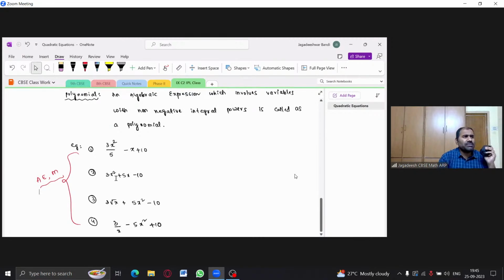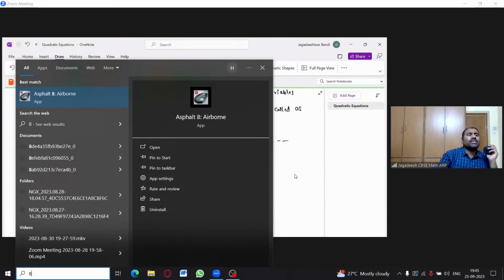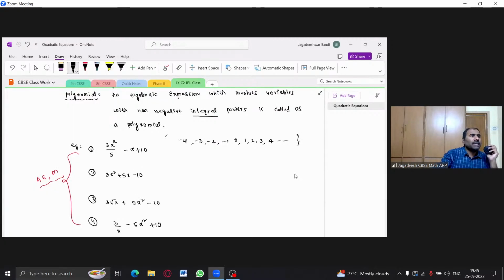An algebraic expression which involves variable. In all the examples we have variable. With the non-negative integral power. Sir, what is this non-negative integral power? So first we need to understand integral. Integrals are nothing but integers. So when we talk about integers, yes, combination of positive numbers and negative numbers along with 0 are called integers.